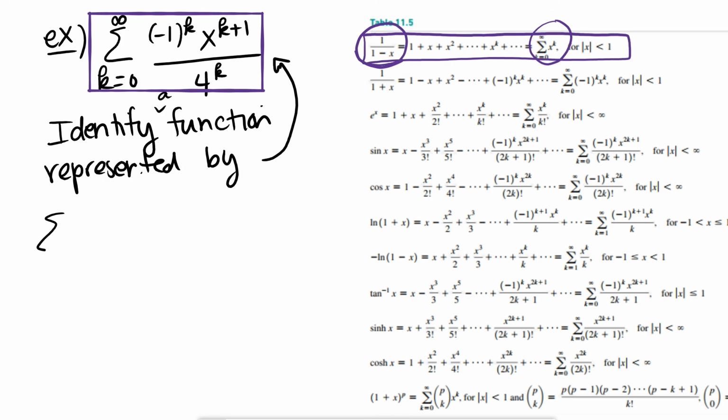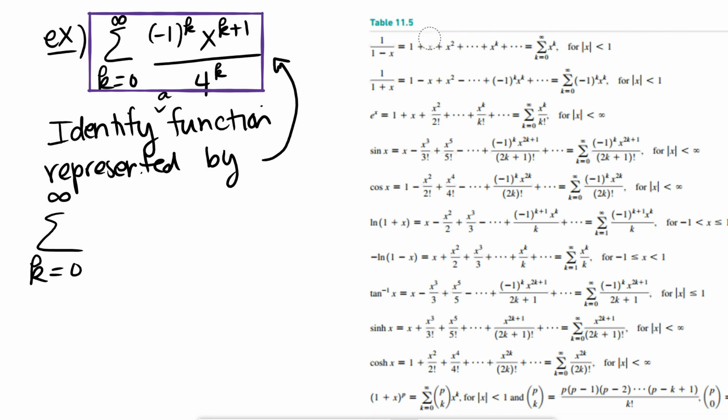So first of all, if I look at k equals 0 to infinity, I need it to look a lot like what is happening here, right? I just need to figure out what that x got replaced with instead of just x there. What was actually replaced there? And I think we can figure this out.